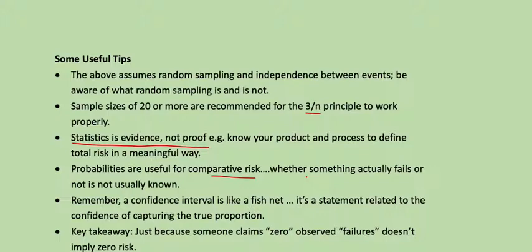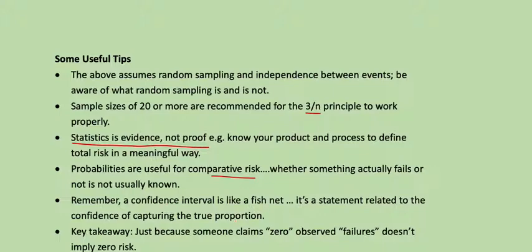The other thing to keep in mind is that probabilities don't guarantee whether something will fail or succeed. You can have very low risk and still have non-conforming product. So it's just a matter of comparative risk more than anything else. And remember that a confidence interval is like a fishnet.